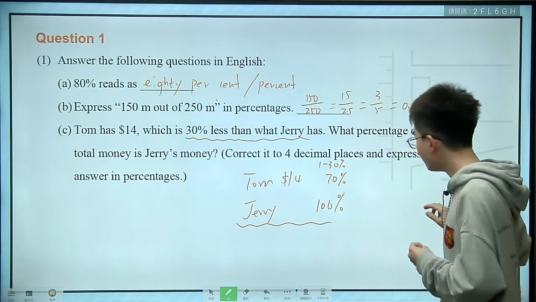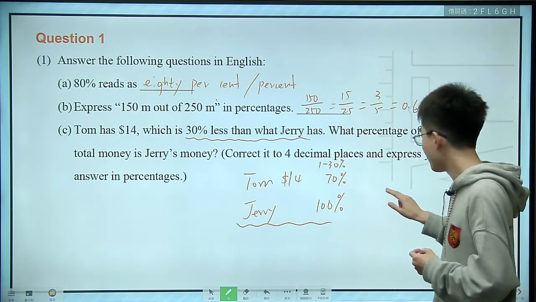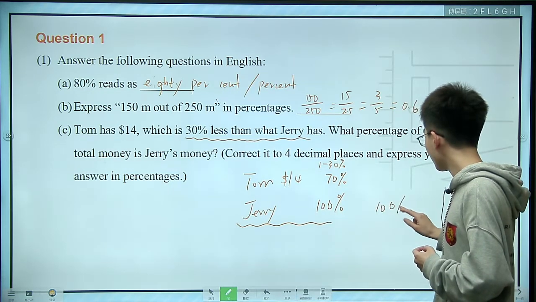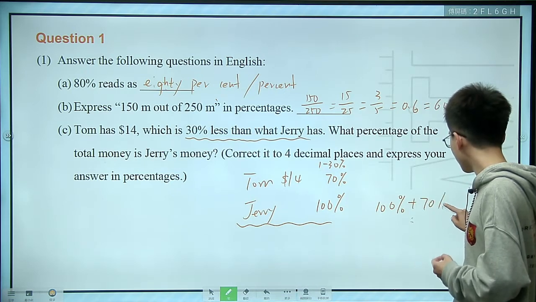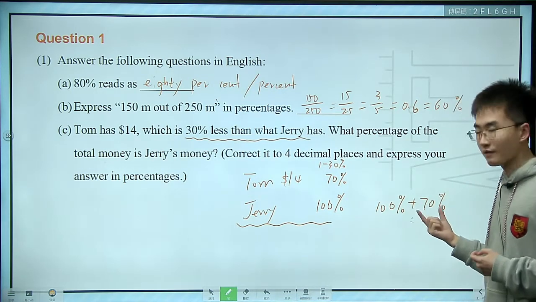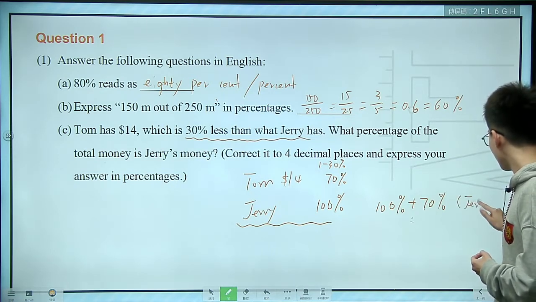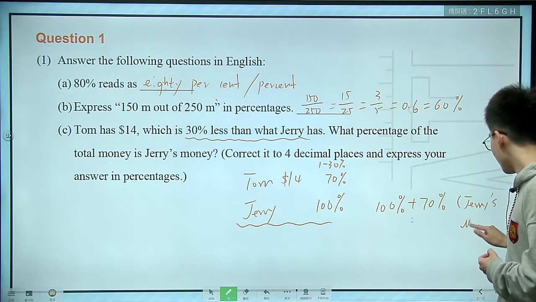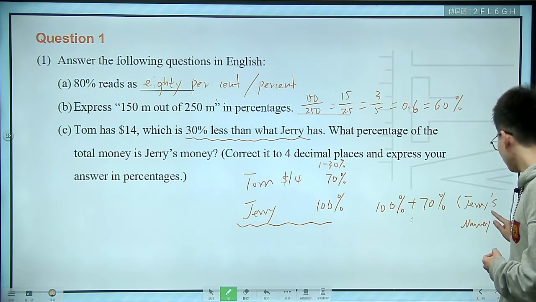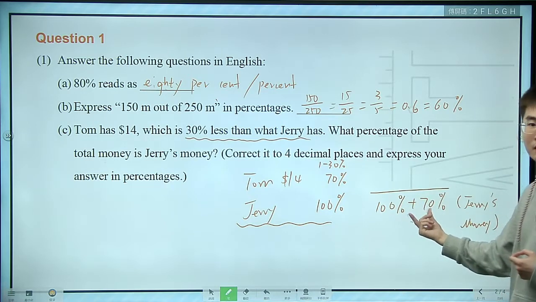If we take Jerry's money as 100% and Tom's money as 70%, in total there will be 100% plus 70%. We use Jerry's money as a unit. So in total it will be 170%.